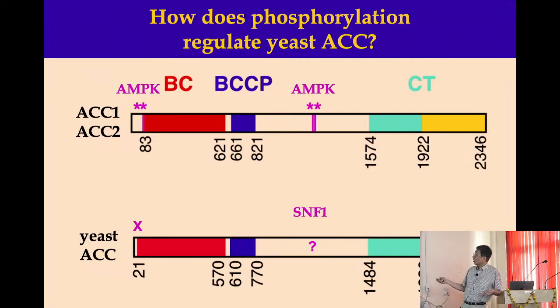In addition, it turns out yeast ACC doesn't have a site here. That serine is not there. I'll show you on the next slide. The suspicion is the yeast ACC is phosphorylated in the middle as well, just like the human enzyme, but exactly where was not known. The yeast AMPK is known as SNF1 because of how it was discovered.